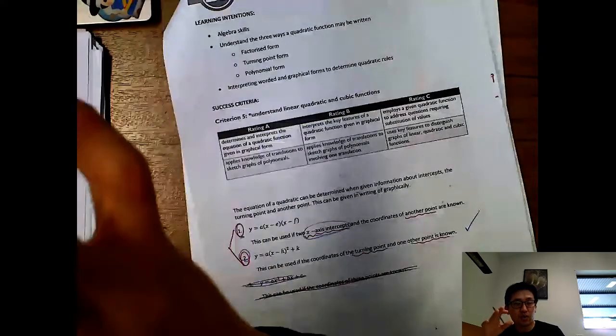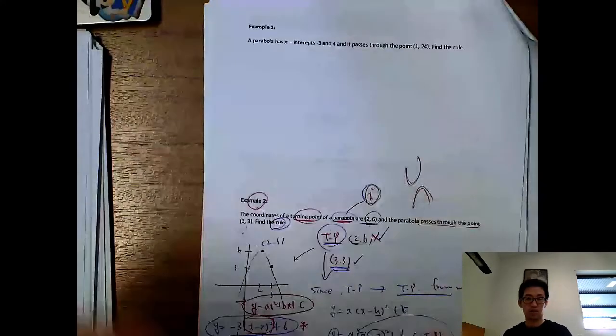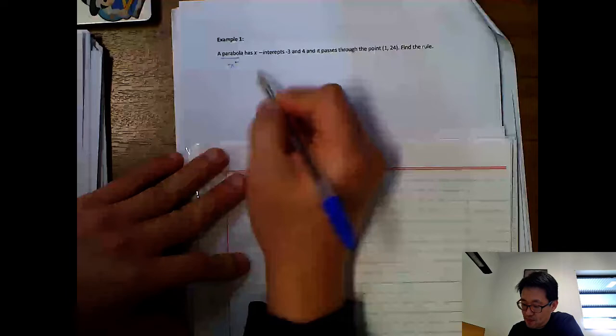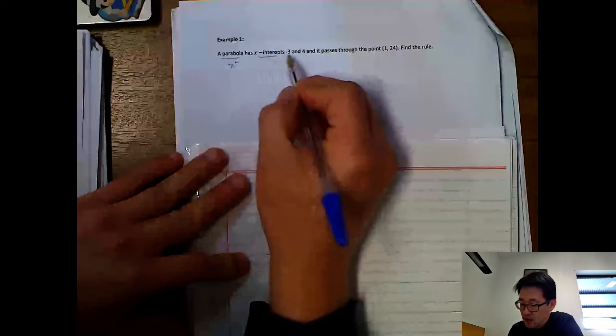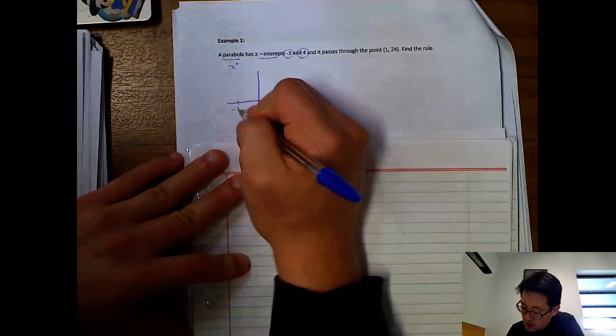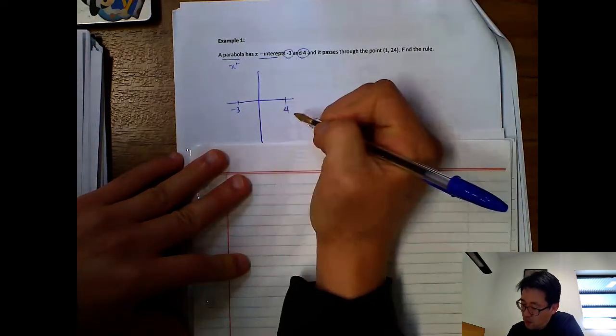When y equals 0, it's actually getting roots. We have 2 roots. Let's go back and solve this straight away. Parabola: the x-intercepts are minus 3 and 4.